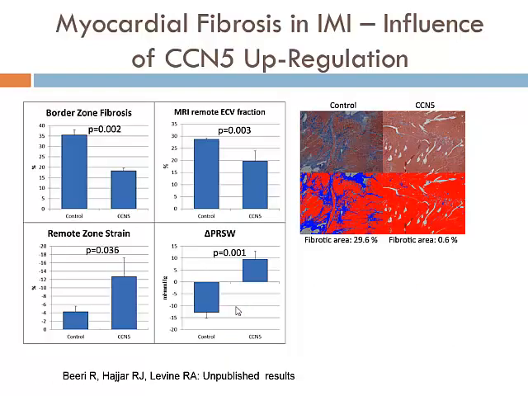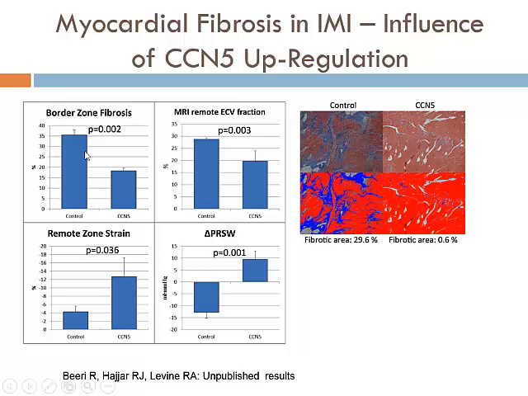So we're asking ourselves the same question, and these are preliminary results, first shown here. We used the same sheep model of inferior MI, and in this model we've analyzed the animals very carefully, also using MRI, specifically using 2 techniques, both T2 mapping and late gadolinium enhancement, to demonstrate fibrosis and to measure the extracellular volumes.